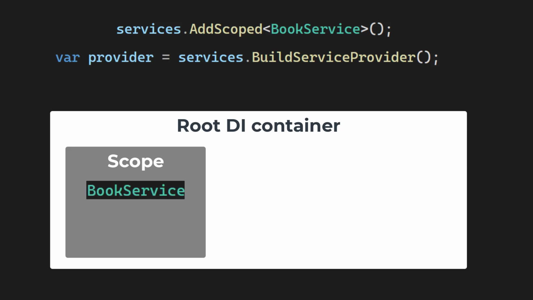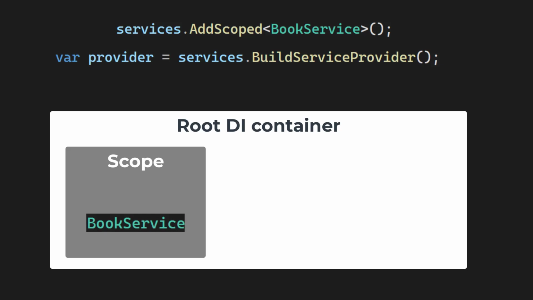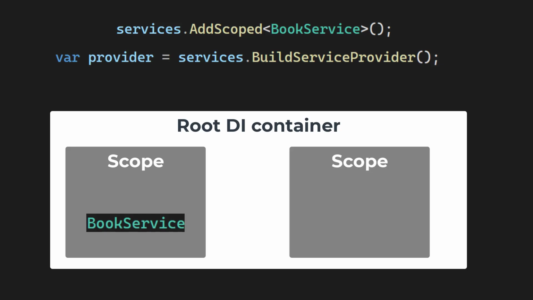This will resolve a new instance of BookService, and within that same scope, when we called GetRequiredService the second time, the previous instance of BookService was used. When we created a second scope and we called GetRequiredService on the service provider, it resolved a new instance of BookService, and that same instance was used the next time we called GetRequiredService within that same scope.